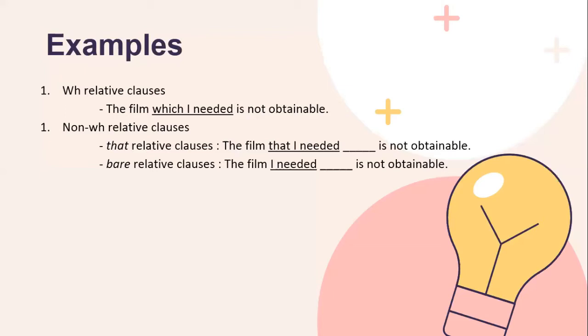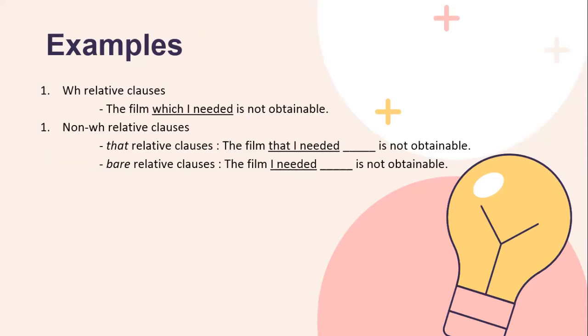The examples. WH relative clause: the film which I needed is not obtainable, the same as the previous example. The non-WH relative clauses: the example of the that relative clause, the film that I needed is not obtainable. And the bare relative clause: the film I needed is not obtainable.